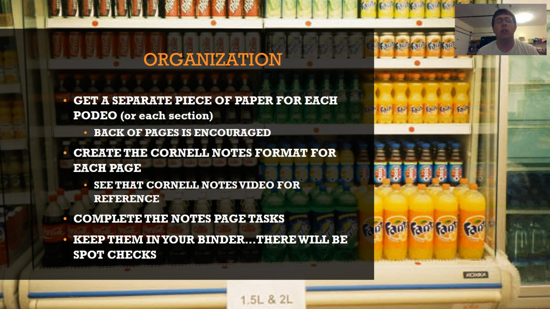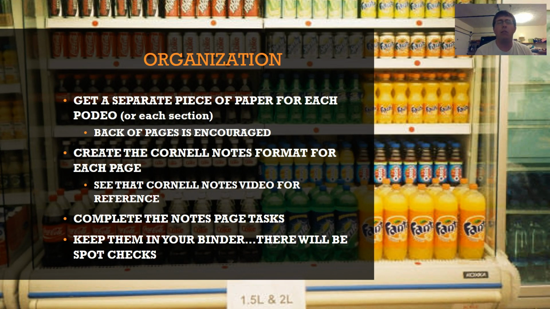So again, with Cornell Notes, the things that you have to do are the summary, and the connections to Sprite, that is also part of it. And then keep them in your binder. There will be spot checks of notes, and of course every quarter I will take up a notes page. So again, organization is key.